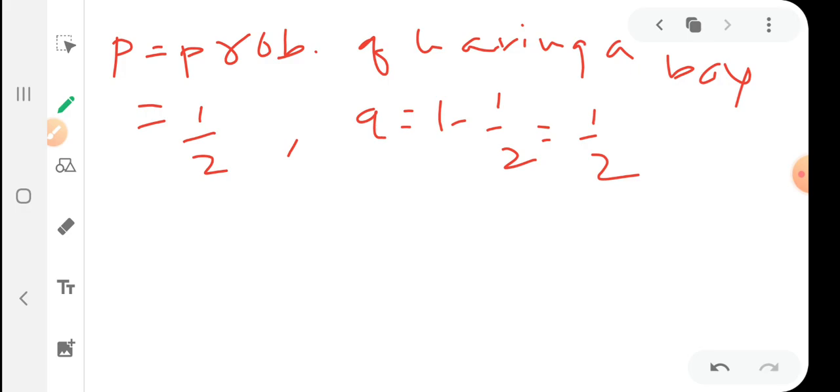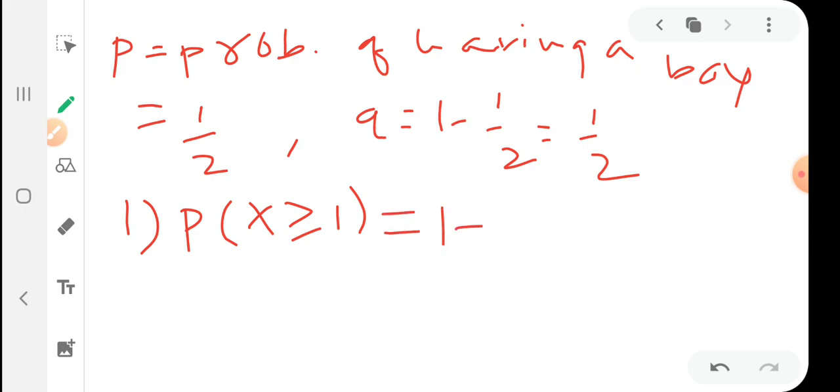Now first one, at least one boy. At least one means P of x greater than or equal to 1. We have discussed this concept. At least one means 1 minus none, 1 minus P of 0. Now, out of 2000 families, some people may take n equal to 2000.